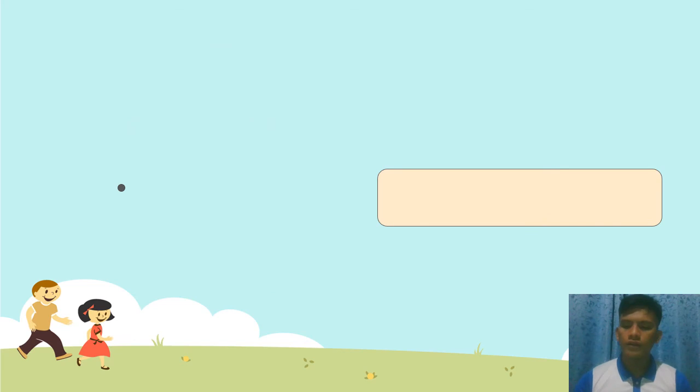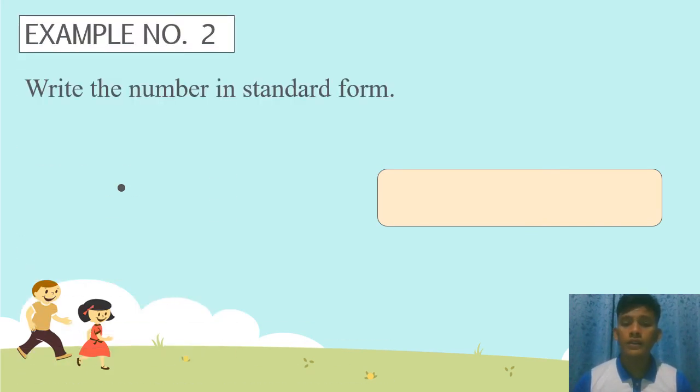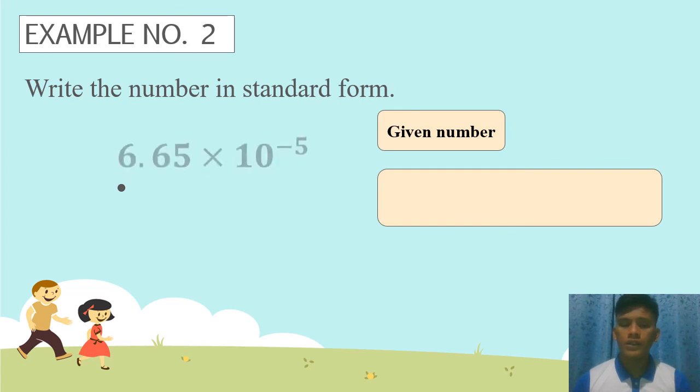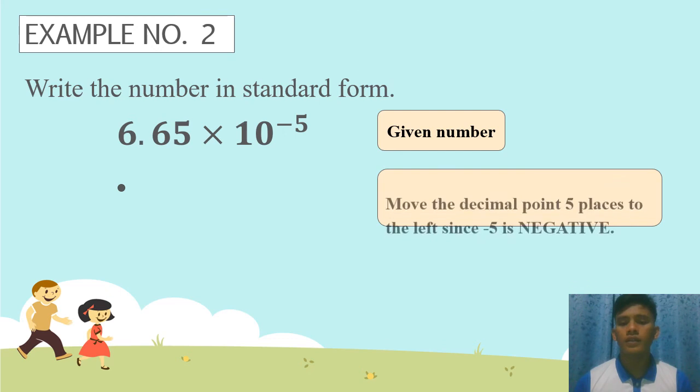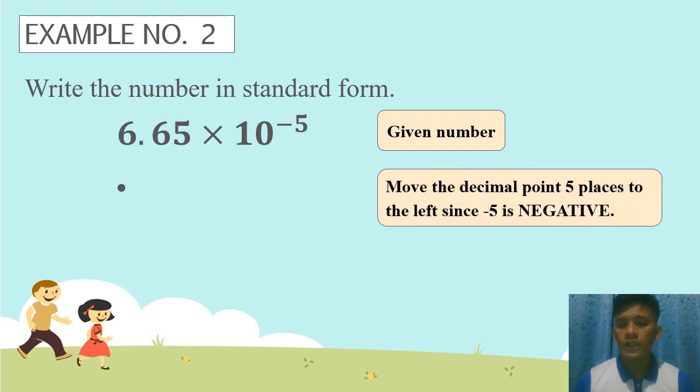Example number 2. Write the number in standard form. The given number is 6.65 times 10 raised to negative 5. You will move the decimal point 5 times because the exponent is 5.